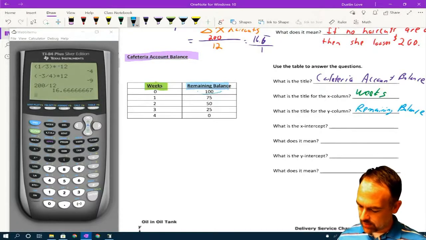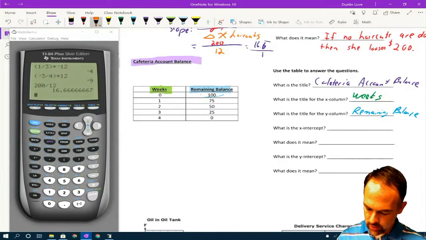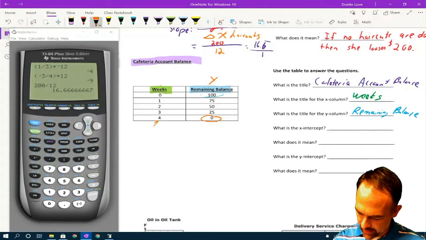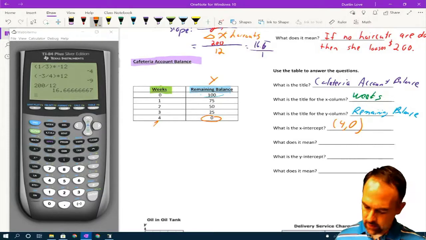So let's see, what is the x-intercept? Remember, the x-intercept happens whenever y is 0. So if I look at my y column over here, y equals 0 happens there. So my x-intercept happens at (4, 0). Now, what does that mean? Well, at 4 weeks, we have $0.